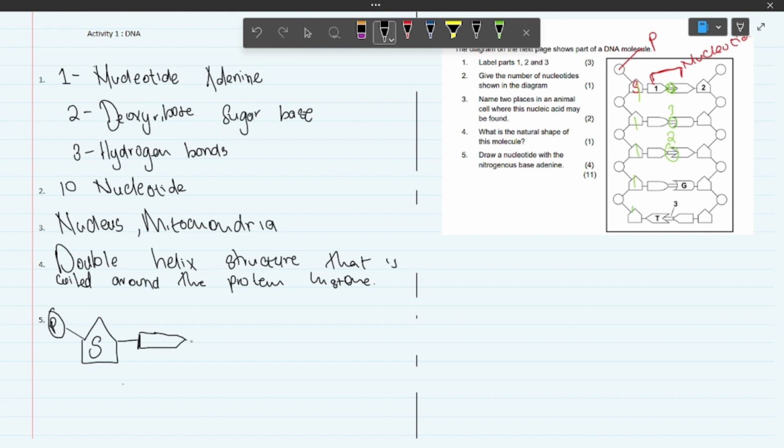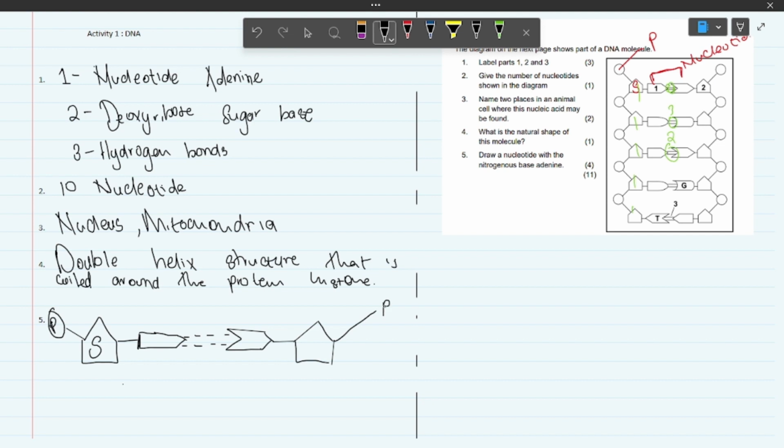And then we show the hydrogen bonds. So guys, here is our structure.